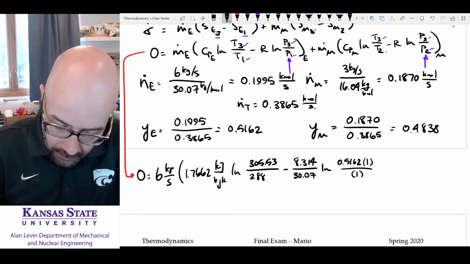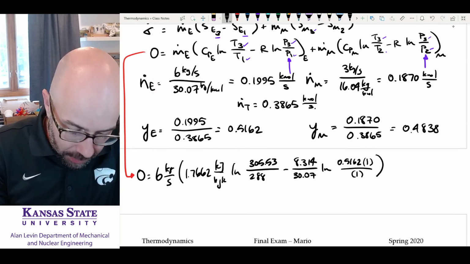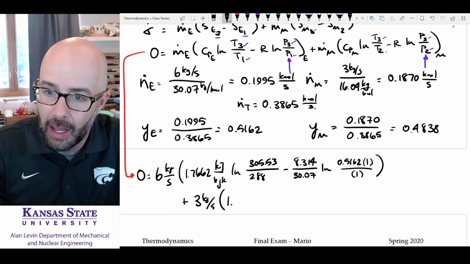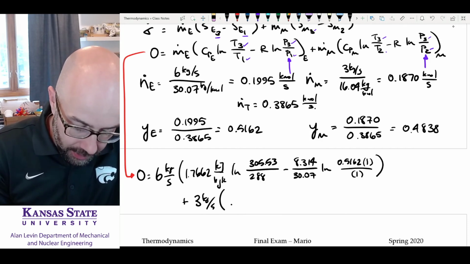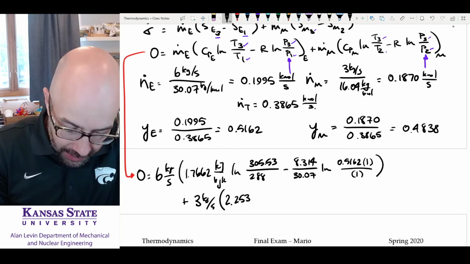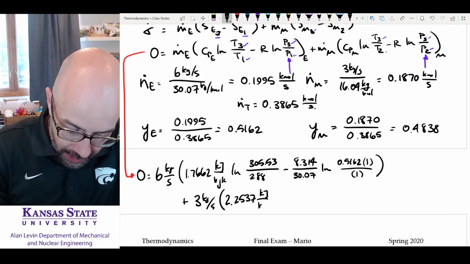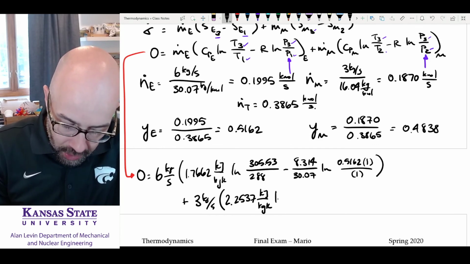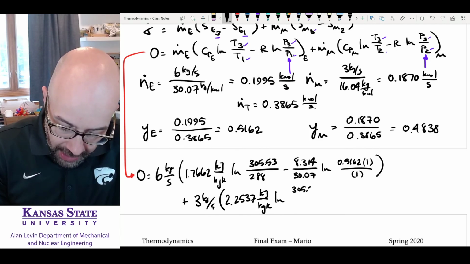And then we're going to add to that plus 3 kilograms per second times 2.2537 kilojoules per kilogram Kelvin, times the natural log of 305.53 divided by 333.